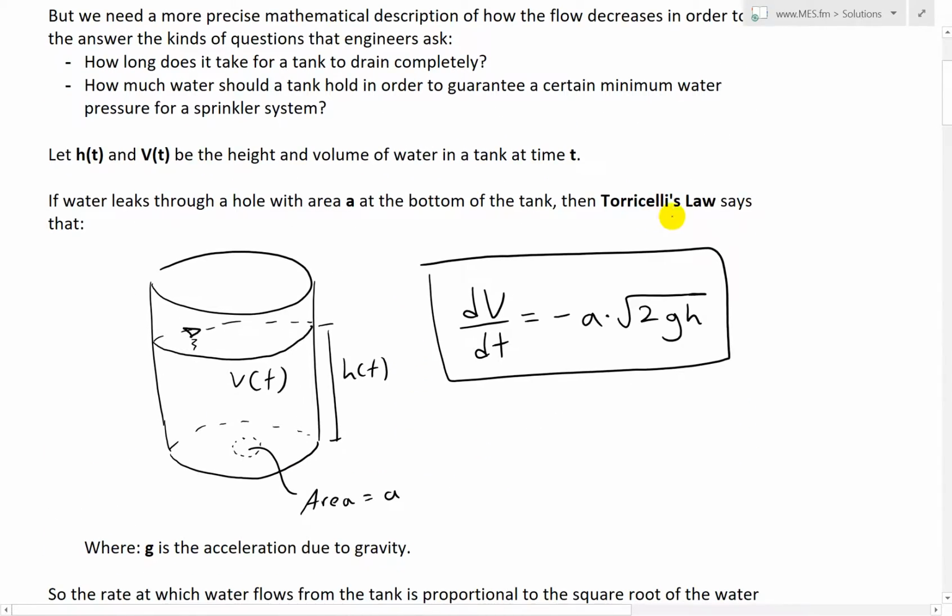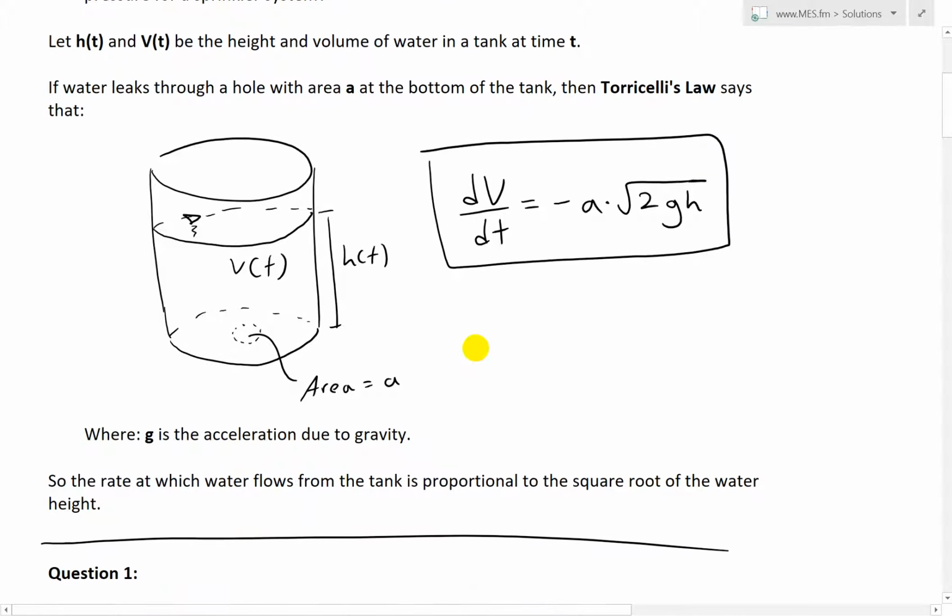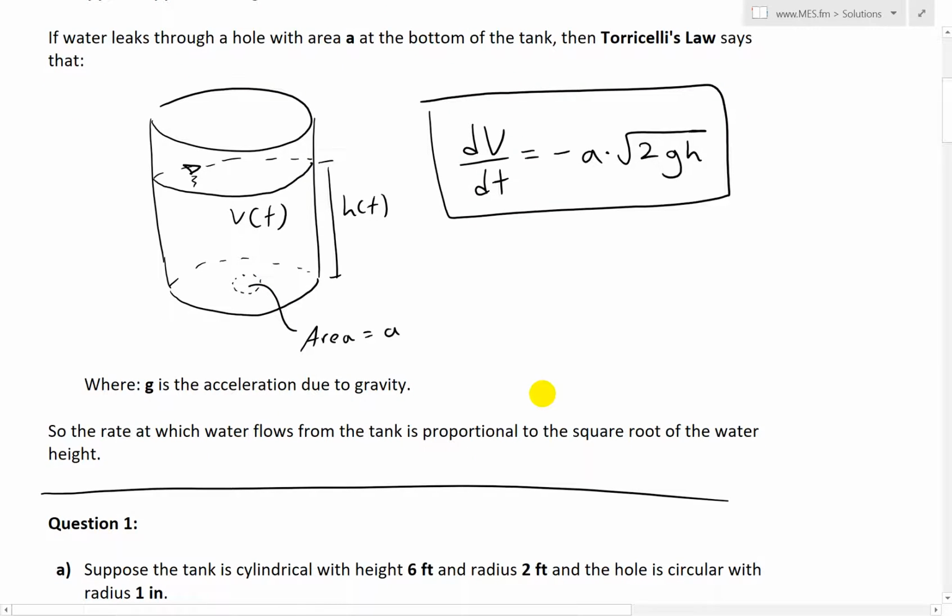So Torricelli's law for drainage of water from any container is that the flow rate, or the change in volume of the liquid with time, is equal to negative A times the square root of 2gh, where A is the area of the outlet, g is gravity, and h is the height of the water.